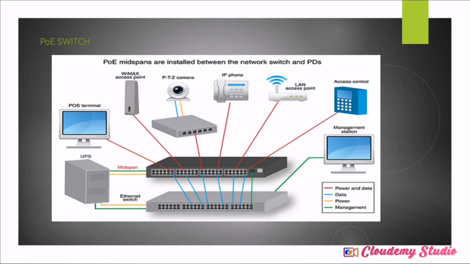Here, this is the PTZ camera, then this is the access point, the LAN or access point as the Wi-Fi, then access control, this is a management station, then we have UPS, then we have a POS terminal.